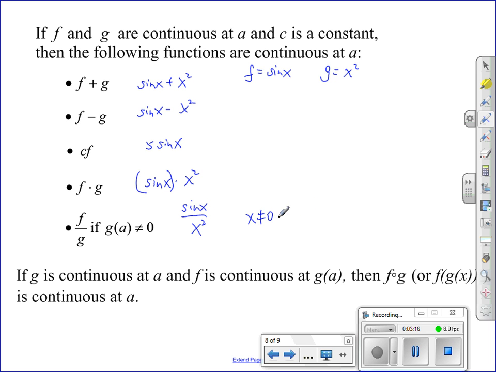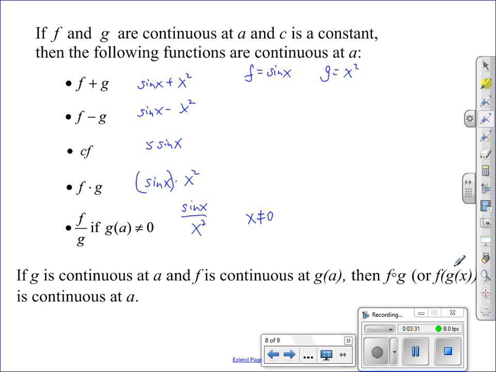Also, we can prove that if g is a continuous function at a and f is continuous at g of a, then the composition f circle g, or f of g of x, is continuous at a.